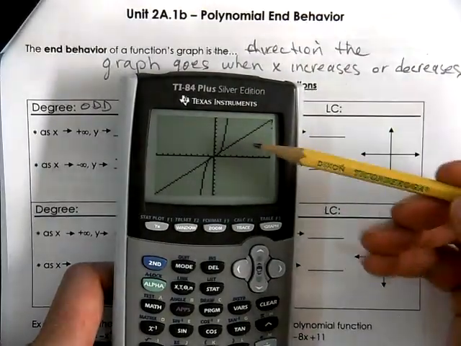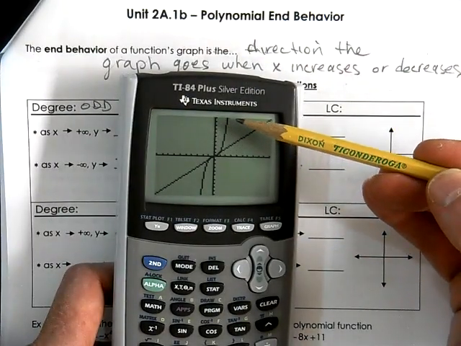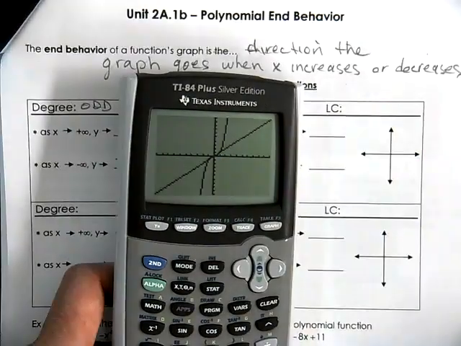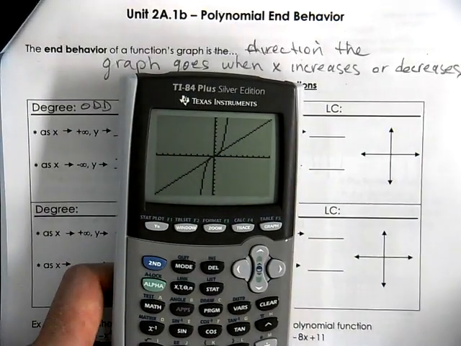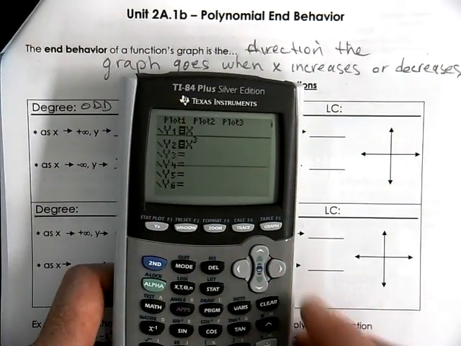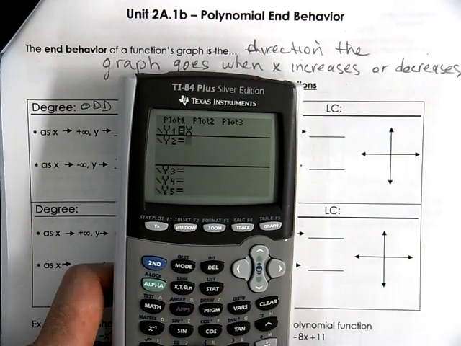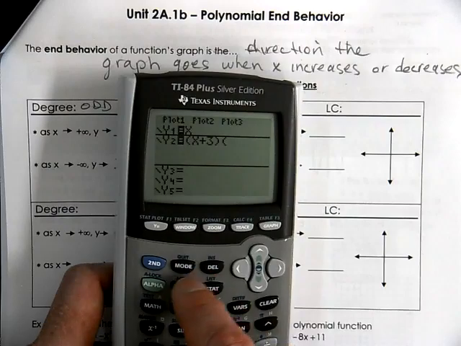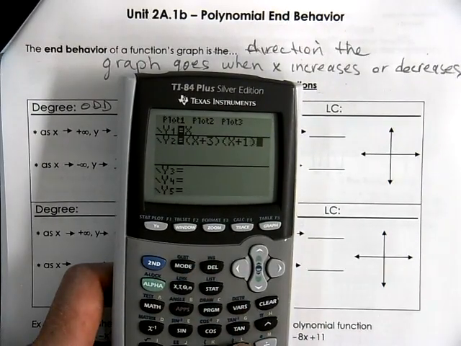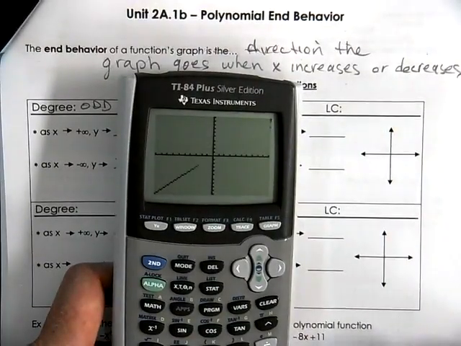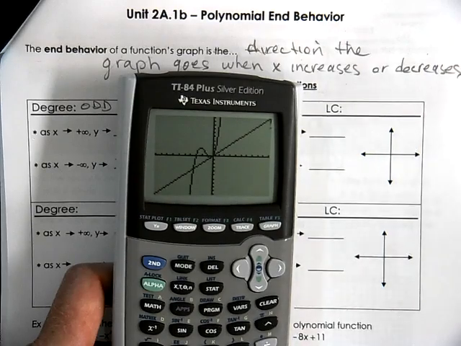And if you notice, it's also going to increase to the right and it decreases to the left. If you get a fancier equation in there for the cubic, there's our linear, and there's our other cubic.